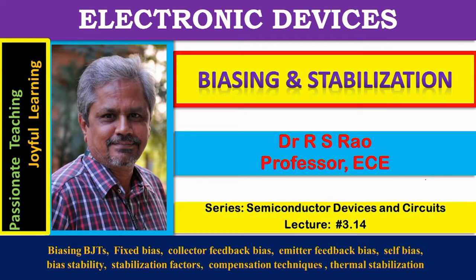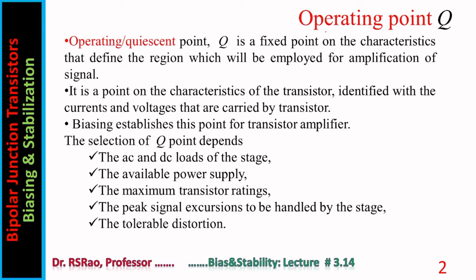With this small introduction, now we move to begin the session, which is about different biasing circuits, their merits and demerits, along with their ability to provide stability to a BJT amplifier circuit. We begin the session with a few points regarding the operating point.